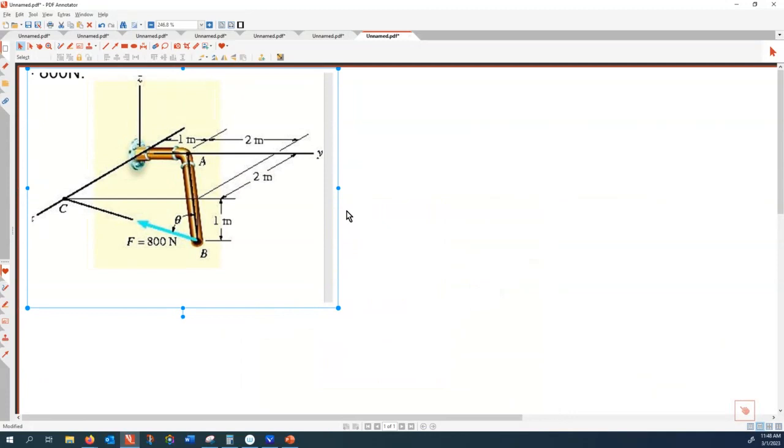Anyone can explain to me what are the steps? If I want to find theta, what are the steps? You have to find AB, then AB and AC. Okay, what about this one?